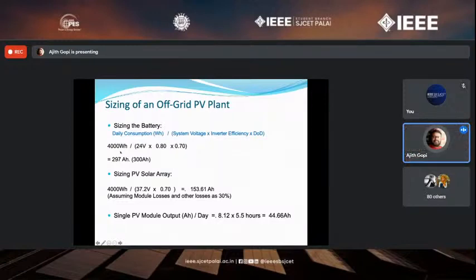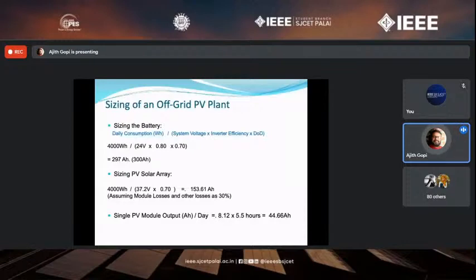I'm just sizing the battery. I'm assuming that my system voltage is 24 volts. The thumb rule is, up to 1 kilowatt peak of solar power plant you can go with a 12 volt system or a 24 volt system, and even with a 24 volt system you can go up to 2,000 watt or 2 kilowatt peak or something like that.